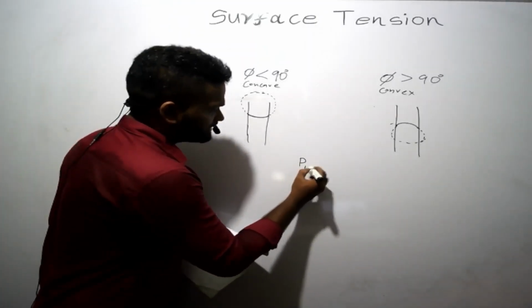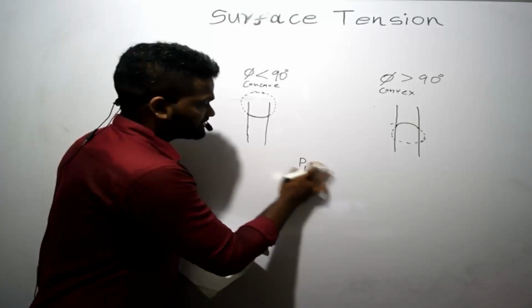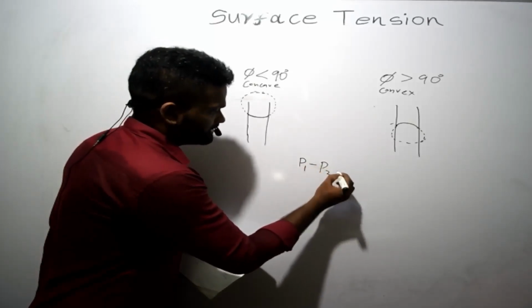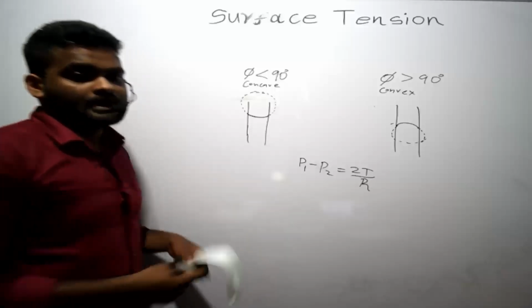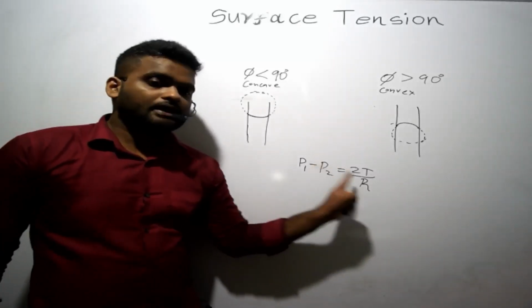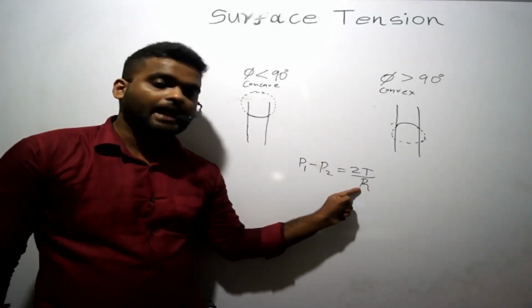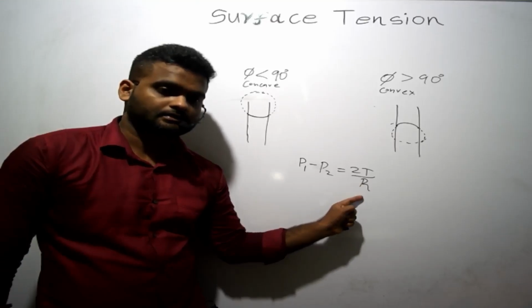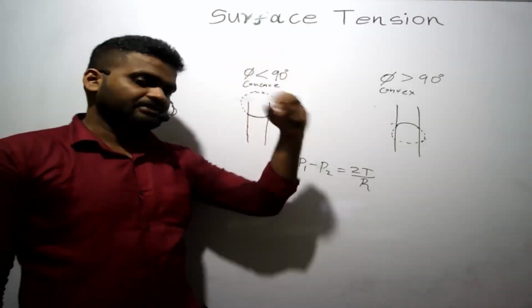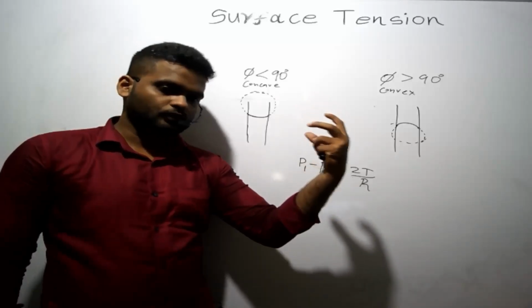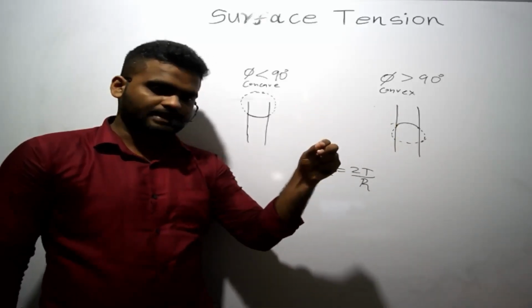And you can apply the same equation for both. Pressure difference P1 minus P2 is equal to 2T divided by capital R. The only difference is here we are applying capital R. What is the capital R? For the previous case, for the soap bubbles and the liquid drops, you just use the radius of that.